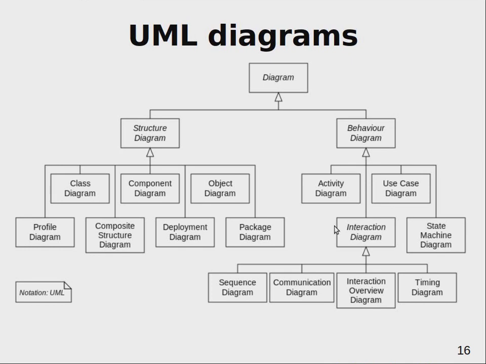I'm not saying that it is always the most efficient way, but it is enough to describe any system using just UML. And if you describe it, of course, that means you can build it automatically or manually out of it, and it will work in such a way.